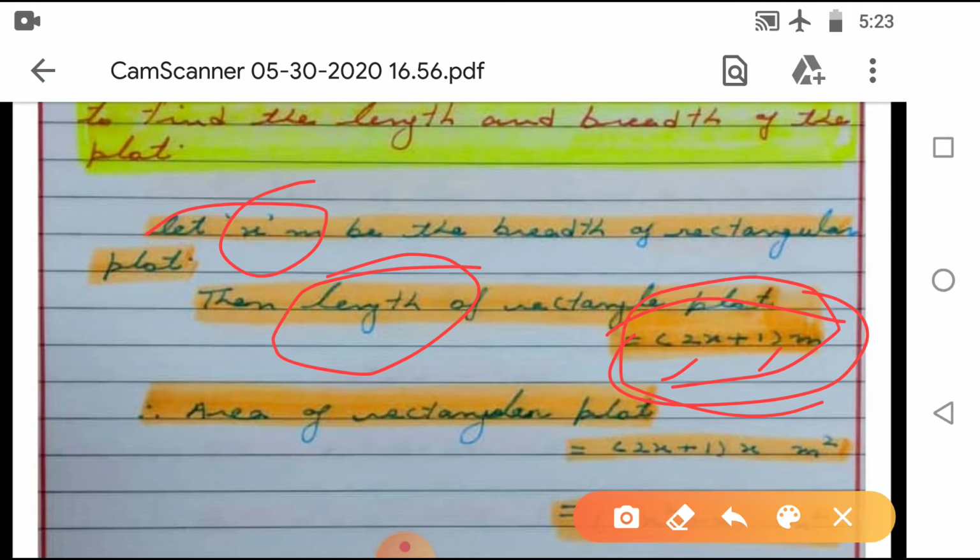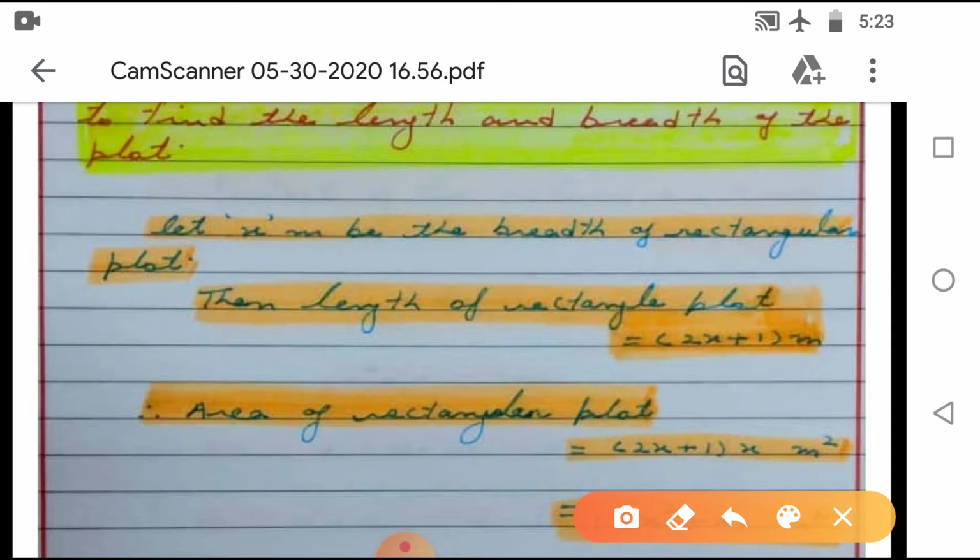So, the length is 2x plus 1 meter, as it is given in the question that length is 1 more than twice its breadth. So, breadth is x, twice of breadth is 2x, and 1 more, that is 2x plus 1. So, the length is 2x plus 1 meter. Okay. And one more thing it is given.